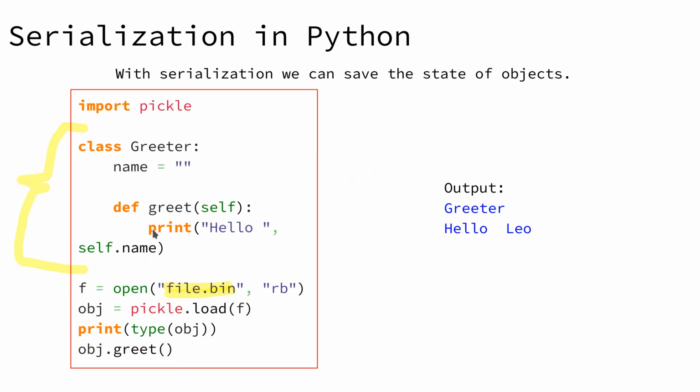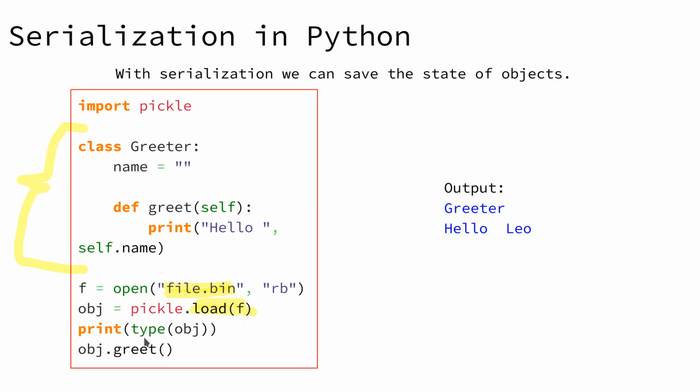It's only the attributes. So this serialization format will essentially say, okay, the class is greeter, but not specify what that is or what type that is, and then the attributes. So when I deserialize with load, the class has to be present, and then it works.